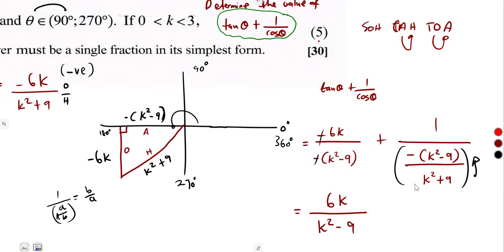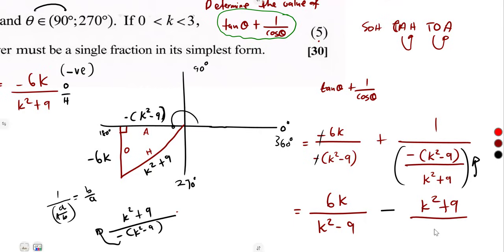So it was going to be k squared plus 9 over this one, minus k squared minus 9. But we cannot write the negative in the denominator. It is going to combine with this one, and it will be negative. So it was going to be negative k squared plus 9 over what? k squared minus 9.